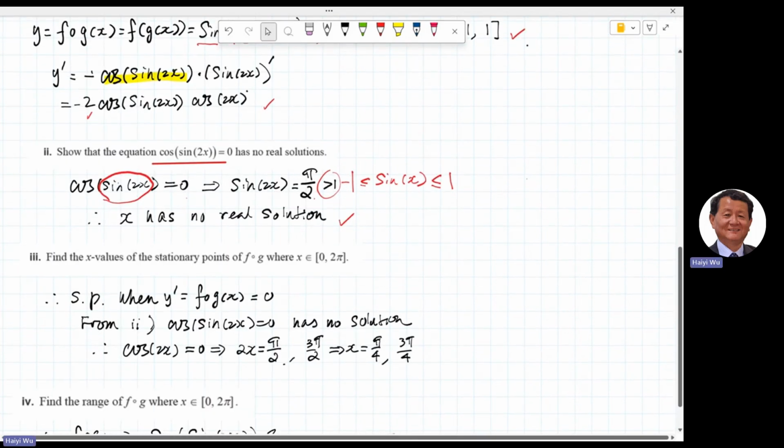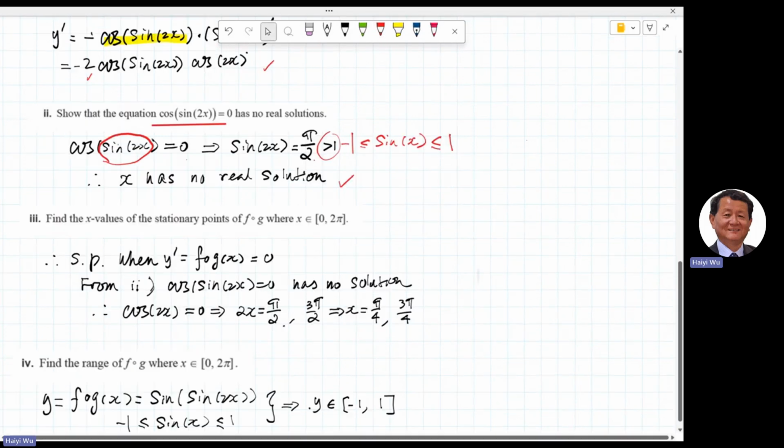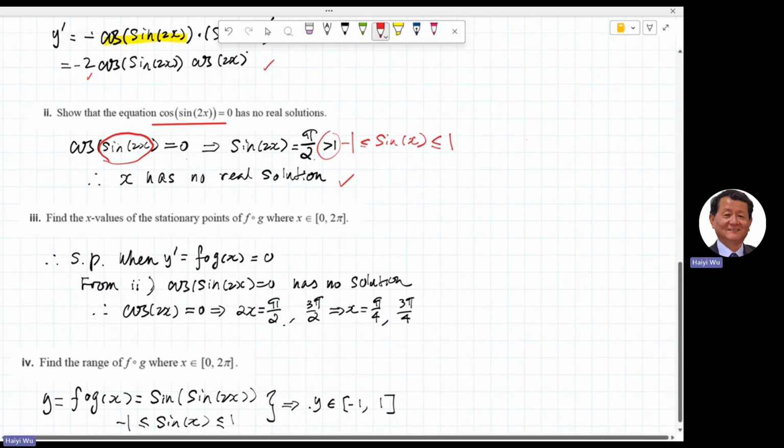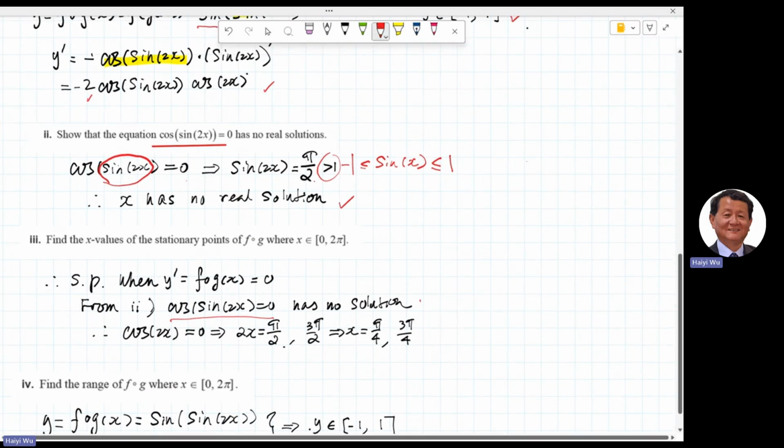Now we need to find the x value of the stationary point of f circle g. We let the derivative of f circle g equal to 0. From the previous question, the first null factor has no solution. Therefore, the only solution is the second one, cosine 2x equal to 0.